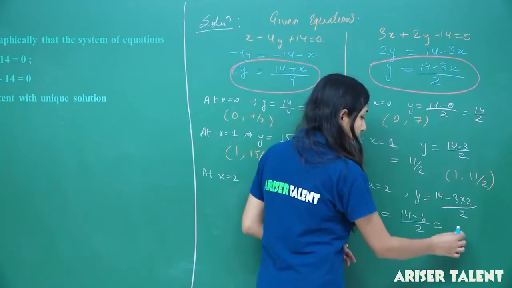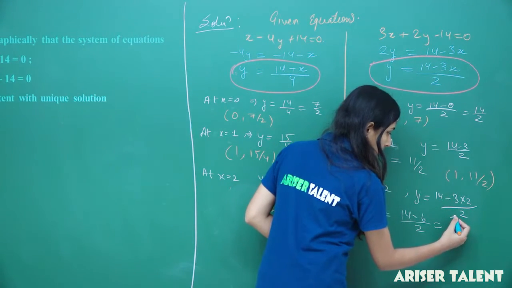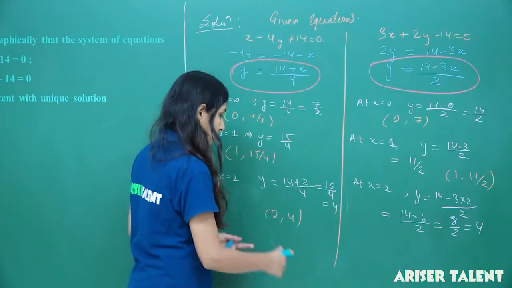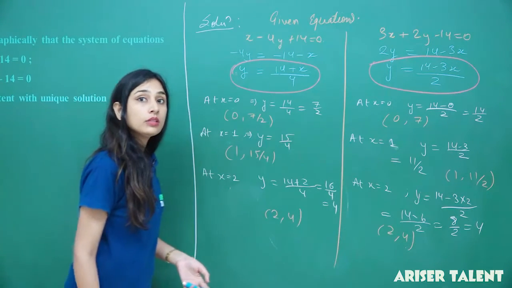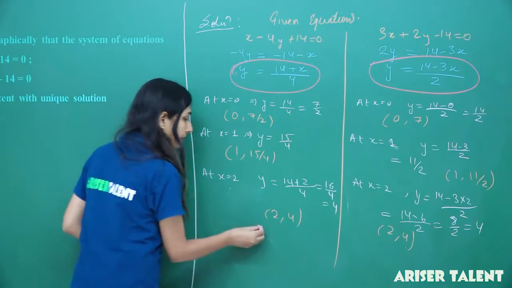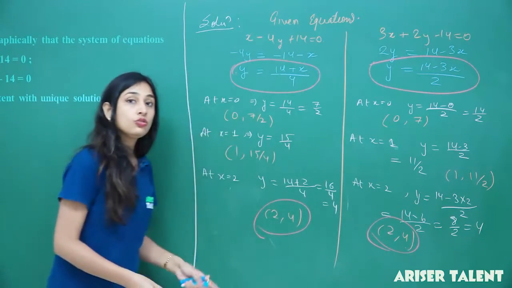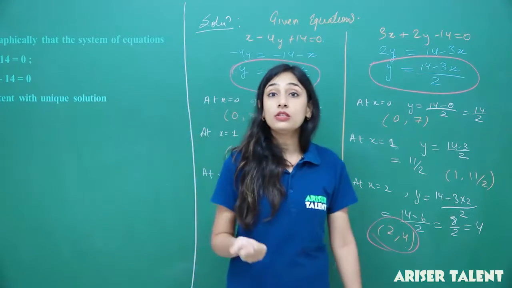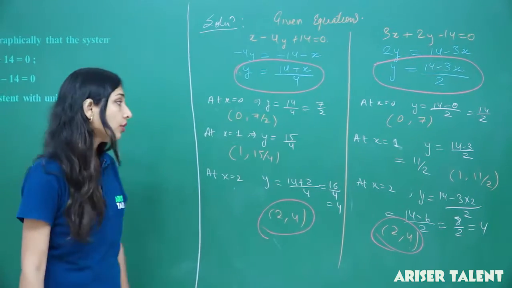Sorry. So that will be 8 by 2, that will be 4. Okay, so this is again 2 by 4. At this particular point students, this is 2 by 4, right? This is 2 by 4 and this is again 2 by 4. 2 by 4 and 2 by 4, that means what? We are having a common point. So that will be the intersection, right or wrong?